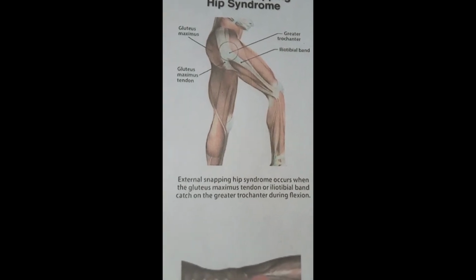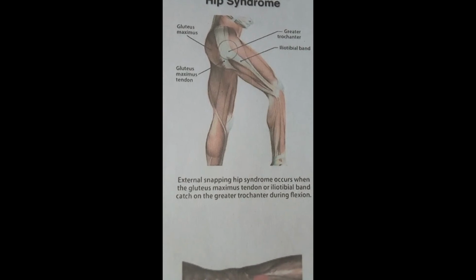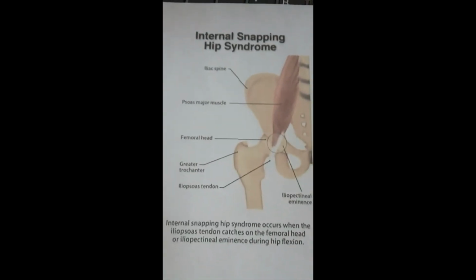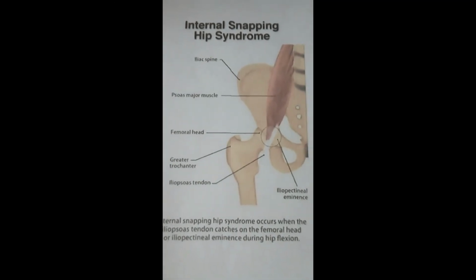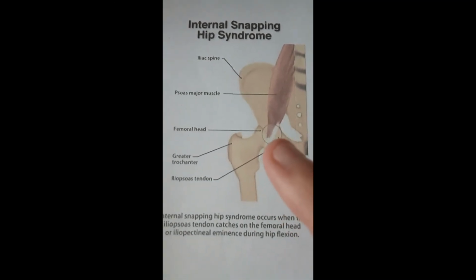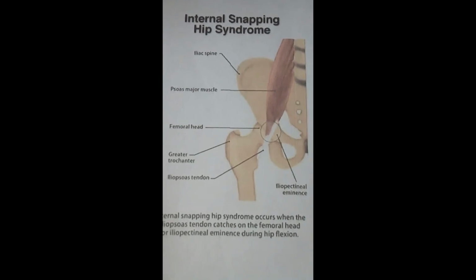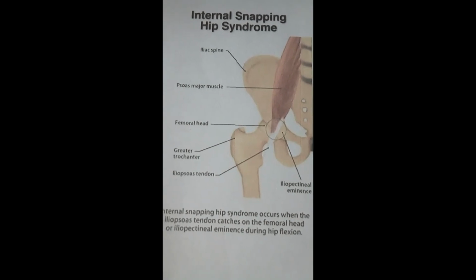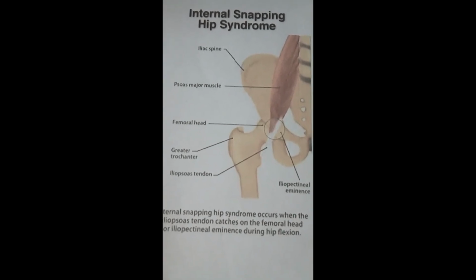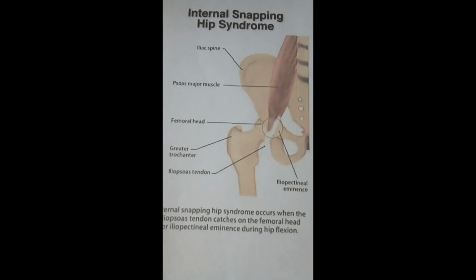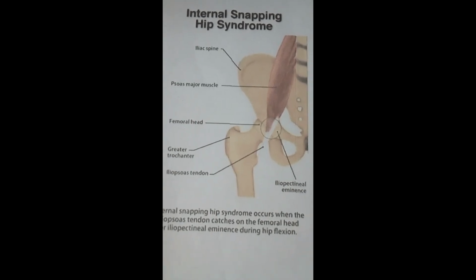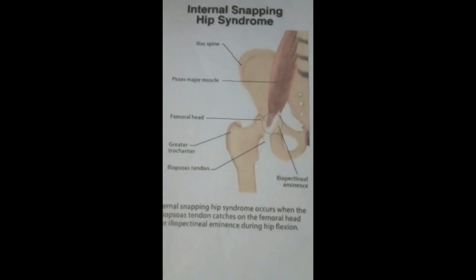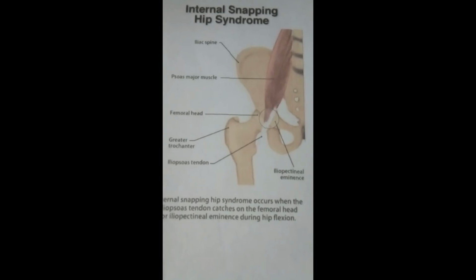So, iliopsoas tendinitis, which was the internal, is inflammation of that tendon due to trauma, overuse and repetitive hip flexion. It's often seen in dancers and gymnasts and also runners. And as I say, that tendon just rubs on the hip bones, causing pain, stiffness, and a snapping sensation with flexion and extension of the hip.